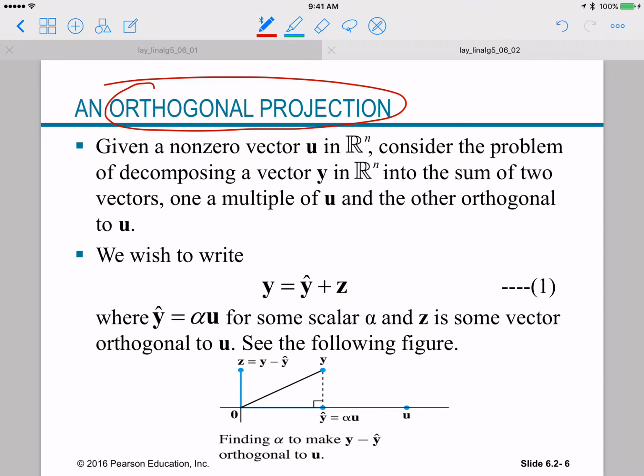So you first consider some subspace W, and your subspace W is the span of some orthogonal vectors. Again, you are given a subspace, and you have basis vectors that are orthogonal to each other. That is the starting point.